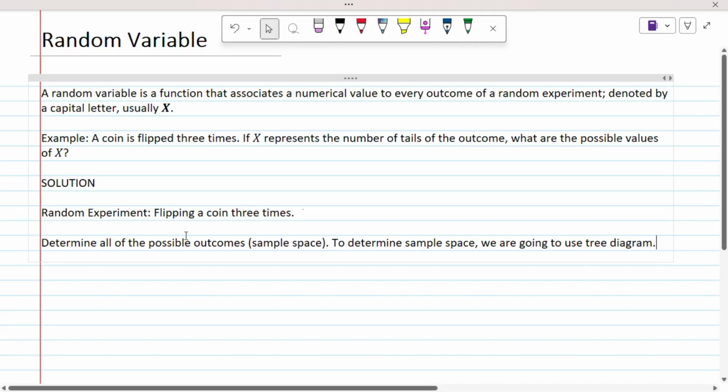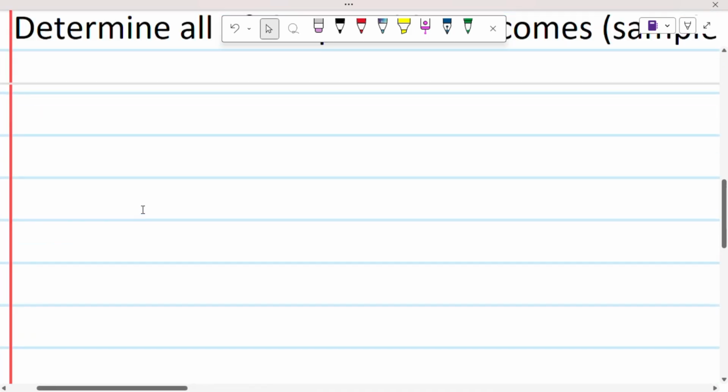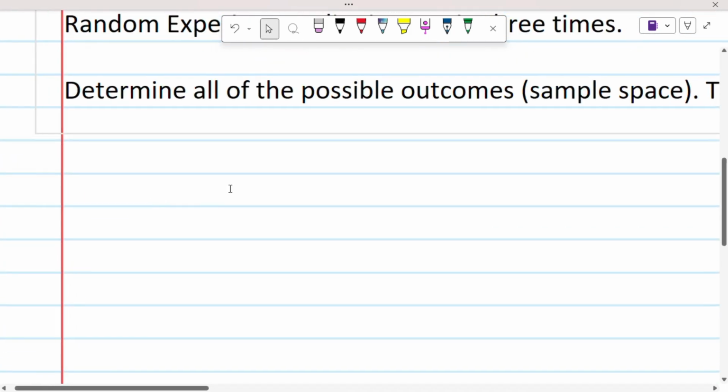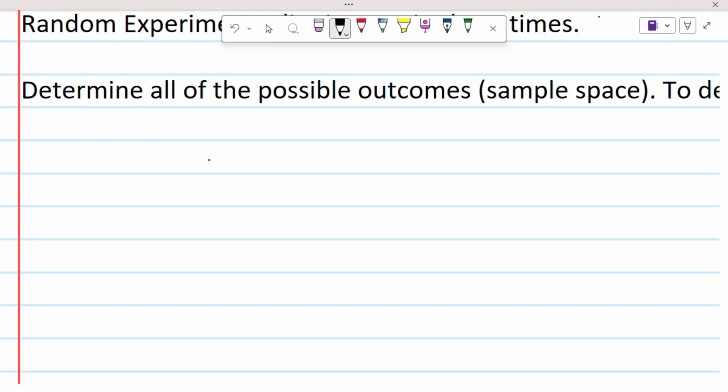So this is our first step. Let's zoom it in rather. If we flip a coin once, what could be our possible outcome? It's either head or tail. So these are the possible outcomes if we flip a coin once.